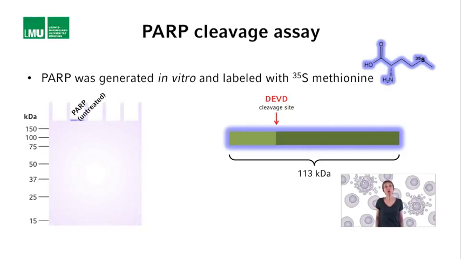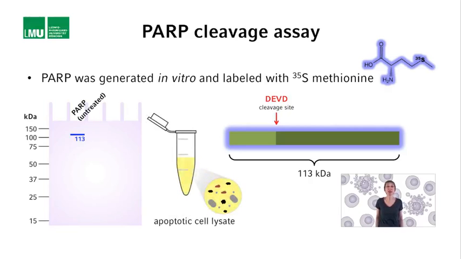When run next to a protein standard on a polyacrylamide gel, the uncleaved full-length PARP protein could be detected at around 113 kilodaltons, or kD. However, when they incubated the PARP protein with a cell lysate that had been generated from apoptotic cells, then some additional bands were detectable on the gel.